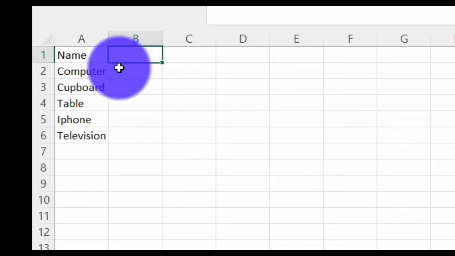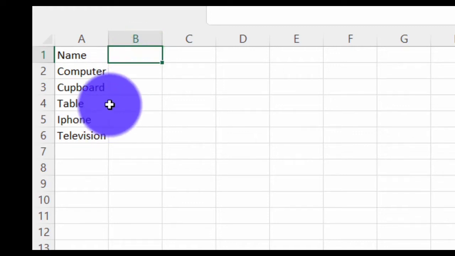Kemudian I will write the price of each thing. For example, the price of the computer is about 5,000 or 6,000.